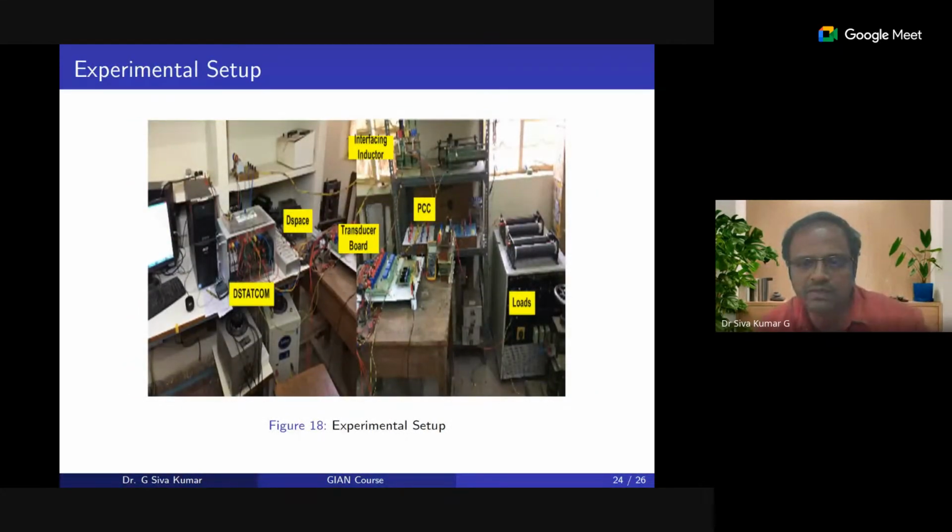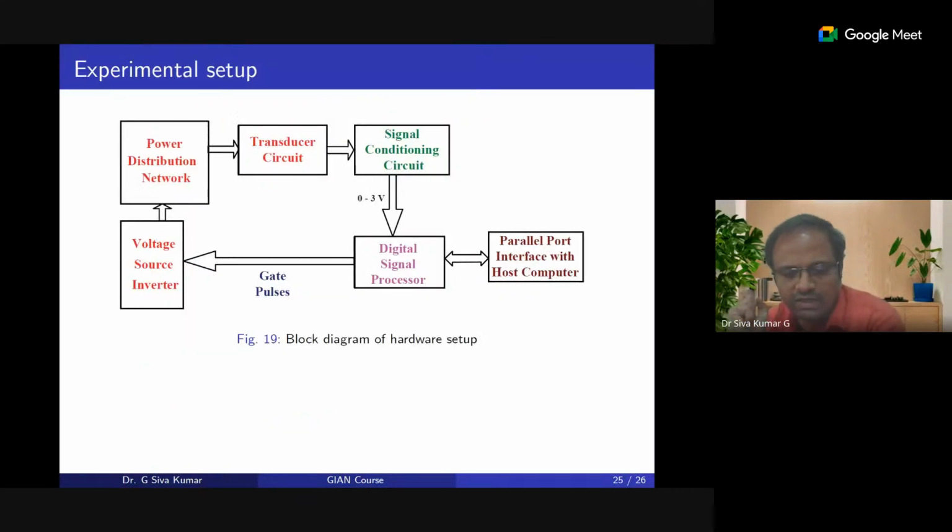This is an experimental setup which we have built in our collaborators' laboratory. Regarding the experimental setup, what is required is the transducer, and the digital signal processor. It need not be a digital signal processor, we can go for an FPGA or even a dSPACE controller. For a DSP, you require a signal conditioning circuit.